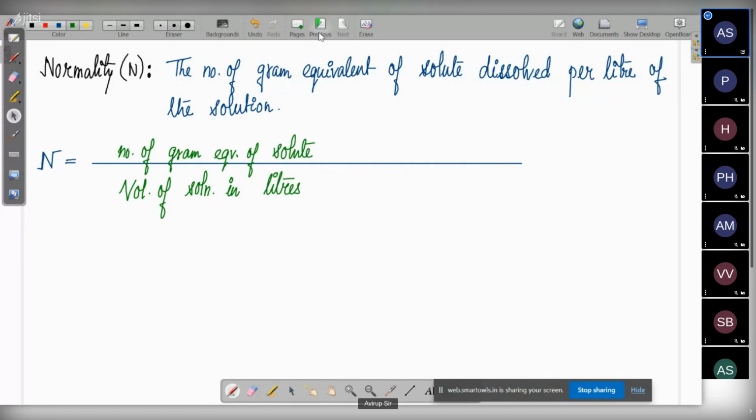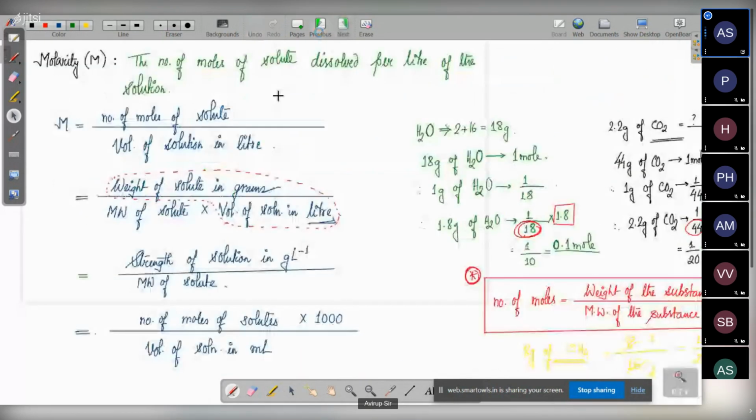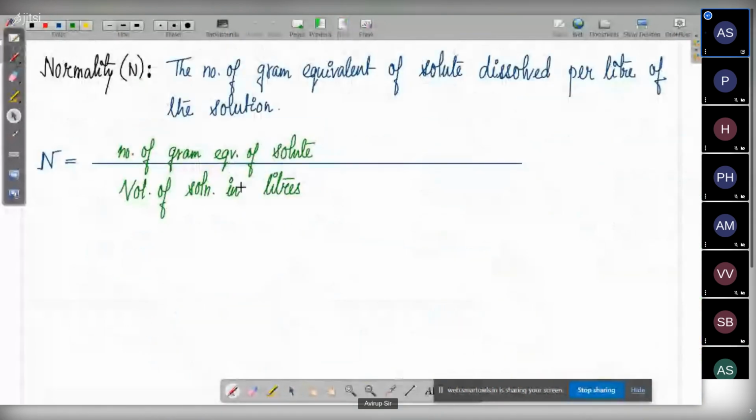Molarity was number of moles of solute, and this one is going to be number of gram equivalents of solute. So that is the basic difference between these two formulas.